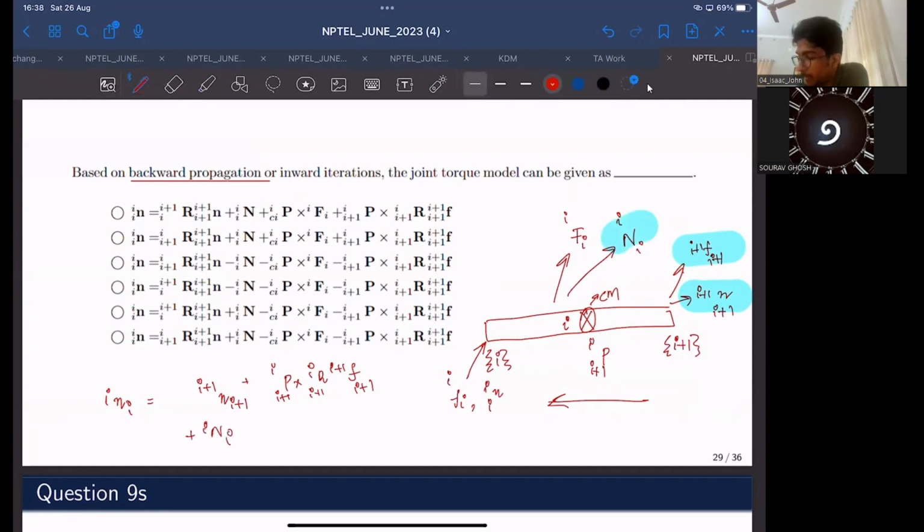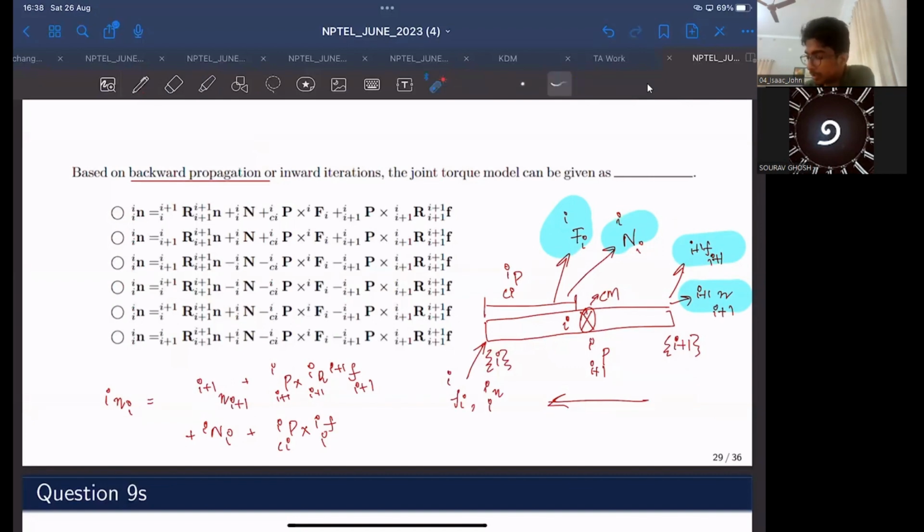Then the moment contributed by the inertial forces, right? That is this distance, as per our convention, I P C I, the distance of the center of mass with respect to the ith frame, cross I F I. So we have taken that into consideration. What else is remaining? Nothing else is remaining, right? We have taken all the moments that contribute to the moment I and I.